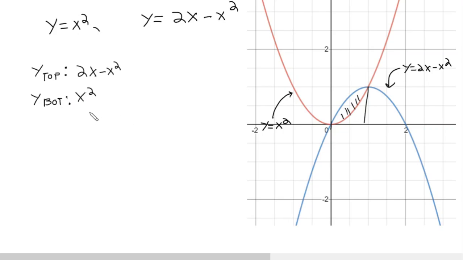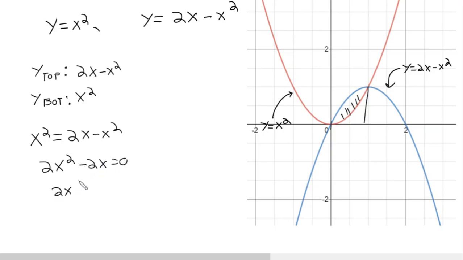And then all we have to do is solve for our upper and lower limits of integration. You can obviously see this is just 0 and 1, but if you really want to make sure, you can set both of these equal to each other. So x squared equals 2x minus x squared. Basically, you would get 2x squared minus 2x equals 0.